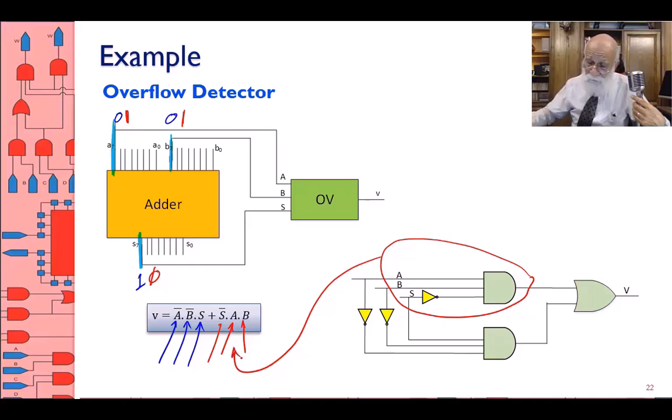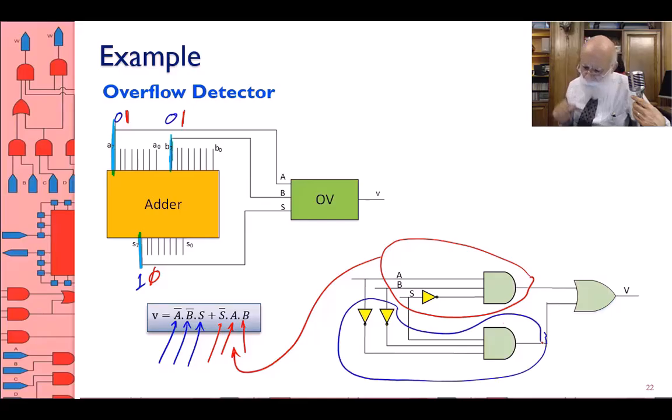The blue part says complement of A, complement of B, and S, ANDed together. So I have these two structures, and then what is happening to these two structures? Well, these two structures are being ORed together.